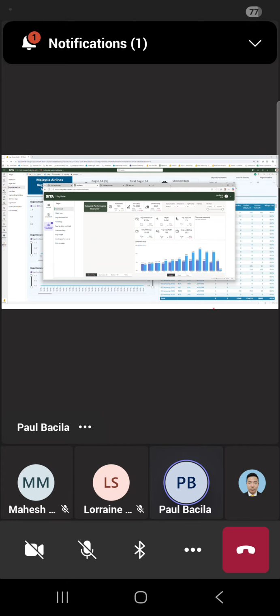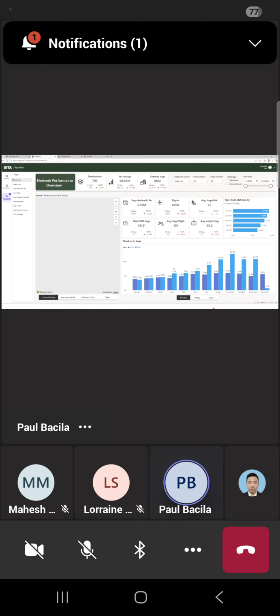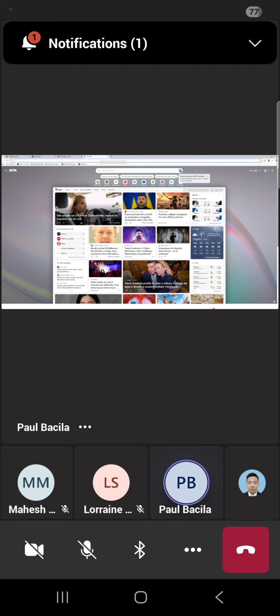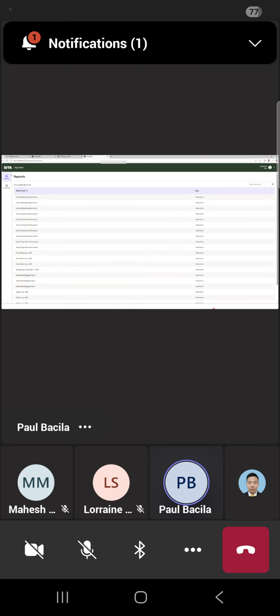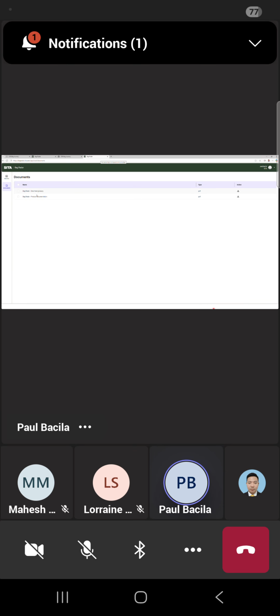And this is the portal. What I showed you was a local copy. So you go to BackRadar, you connect, you'll get a user account, and then in the documents you'll get the user guide, the documentation I showed you already.